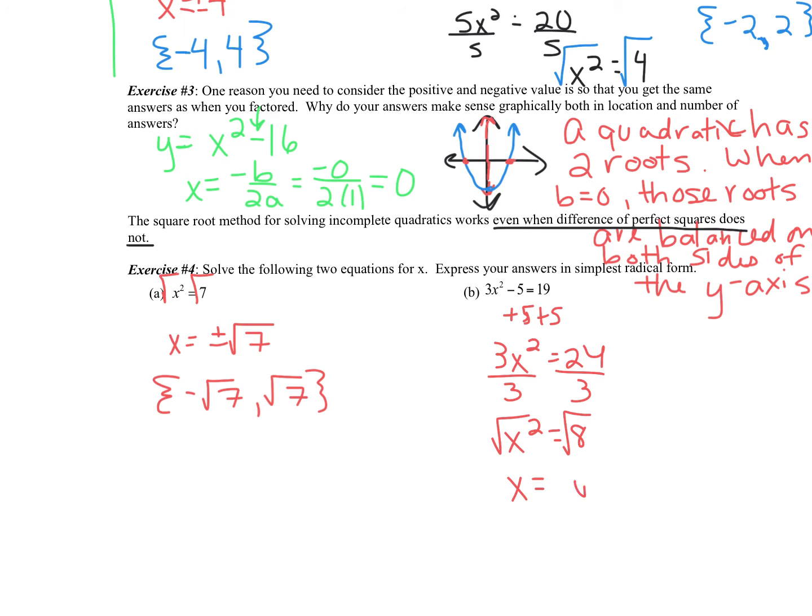So I can rewrite the square root of 8 as the square root of 4 times the square root of 2, and that's equivalent. Going one step further, I'm not going to forget that plus or minus, because I'm solving a quadratic. This radical 4 is equal to 2, and the square root of 2, I can't break that down anymore, so it just stays inside. So these answers are -2 square roots of 2 and +2 square roots of 2.